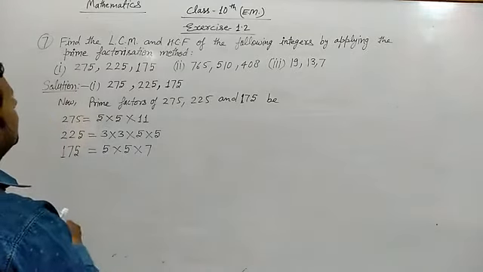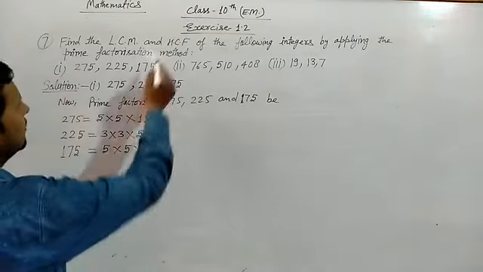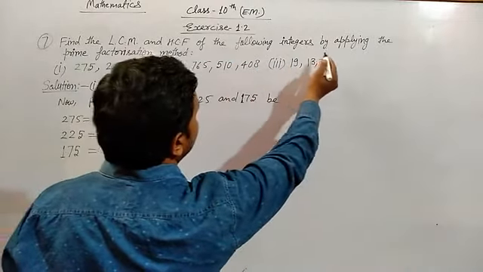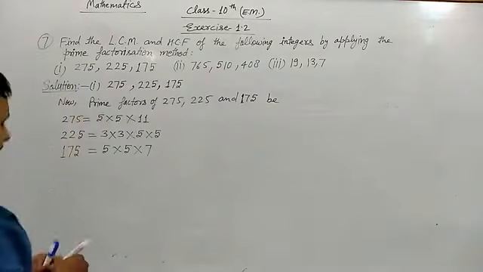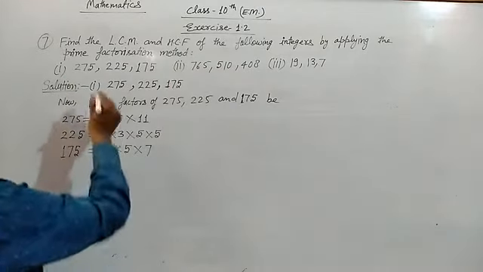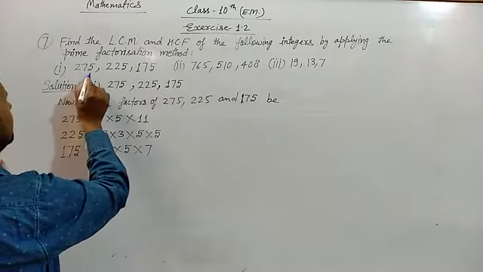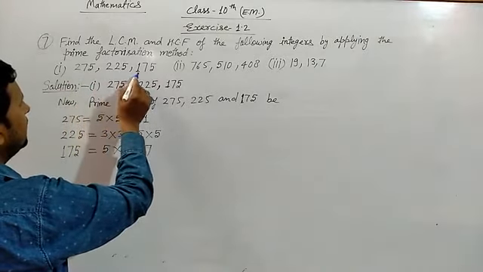Find the LCM and HCF of the following integers by applying the prime factorization method. Three parts of the question are given here. The first part is 275, 225 and 175.